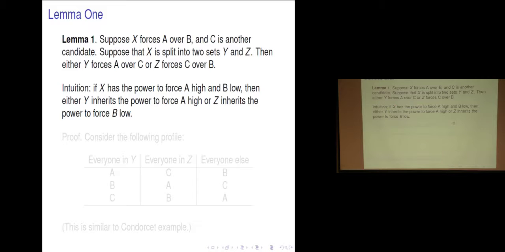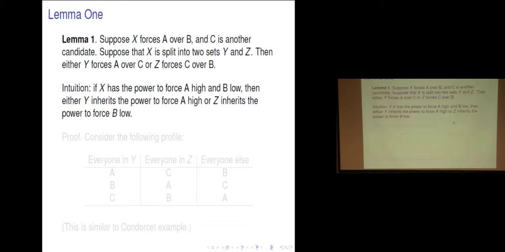Suppose this set X has the power to force A high and B low, that is, force A over B. Then either Y will inherit the power to force A high compared to C, so Y forces A above C, or Z will inherit the power to force B low.